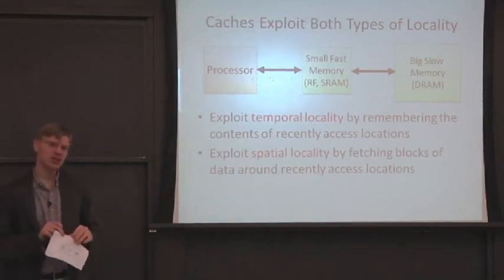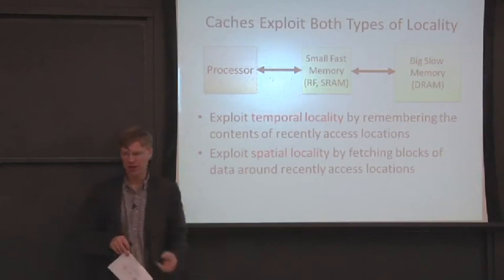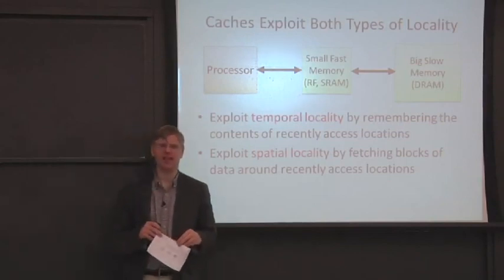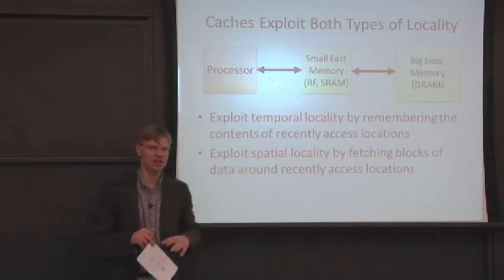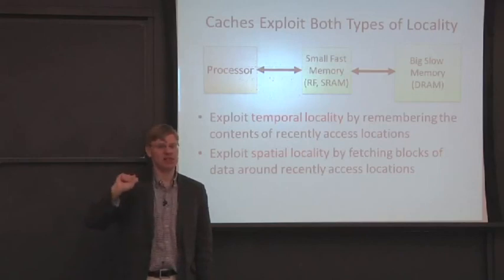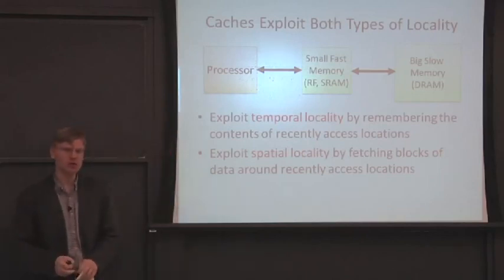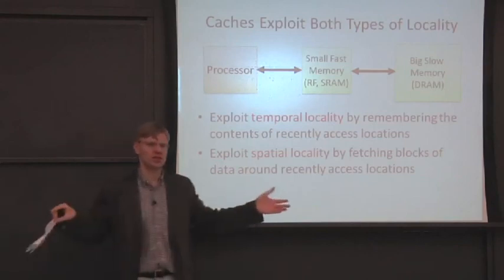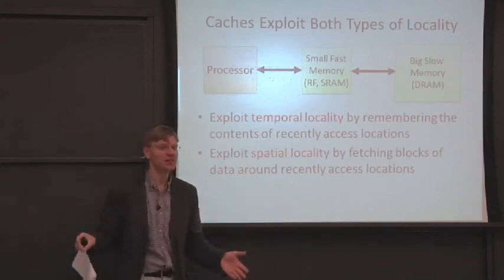And caches can exploit spatial locality. The way caches go about exploiting spatial locality is that when you go to access a particular piece of data, your cache is going to pull in data around that piece of data. And we'll talk more about this next time, how that works, but we're going to segment data into what we call cache blocks or cache lines.